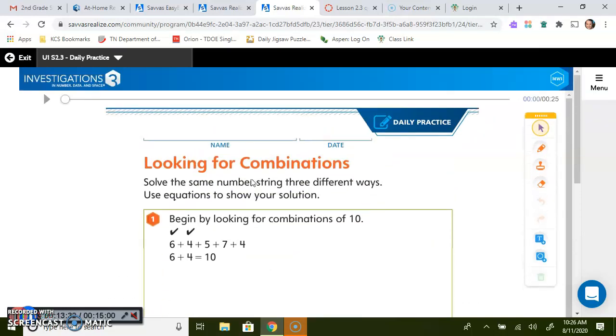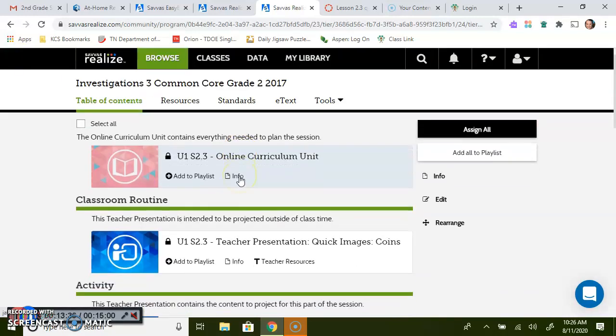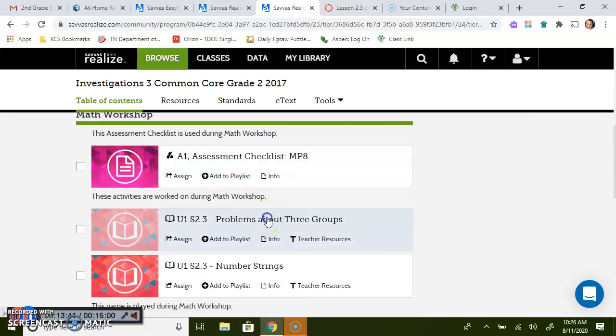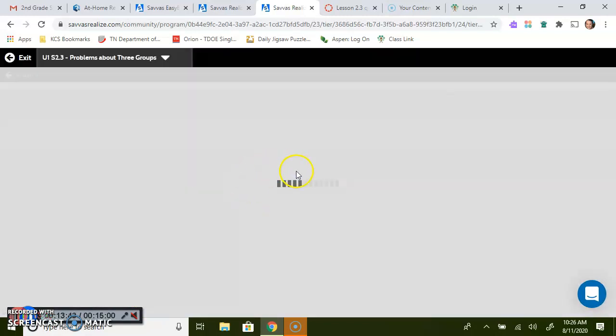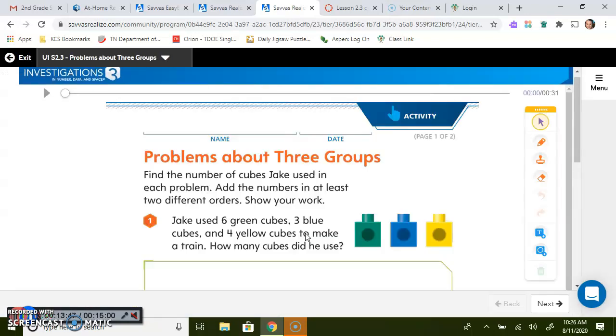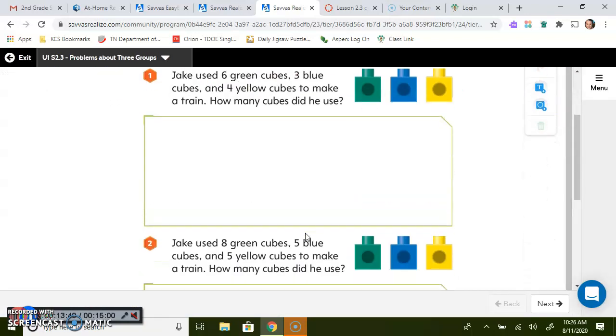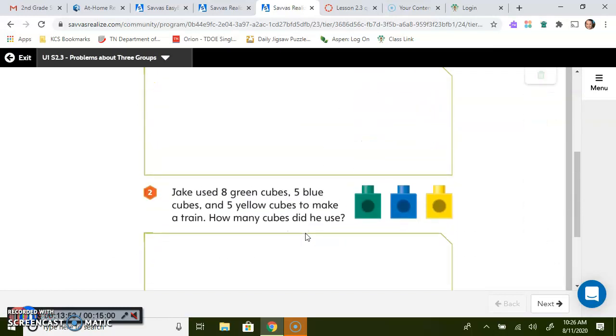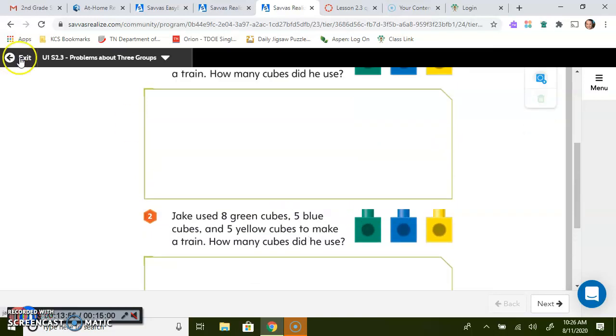This is actually the last page that you're going to be doing today. Let me see if I can find some of the number string pages. They may not be on here, and that's okay if they're not. Problems about 3 groups. This is what you're going to work on first. So there are some cubes, and you're going to have to answer the problem that's put up there. How many cubes did he use?